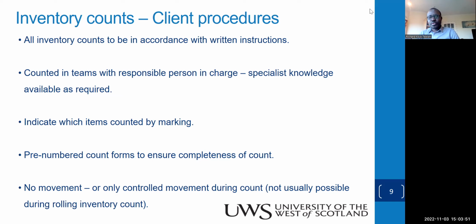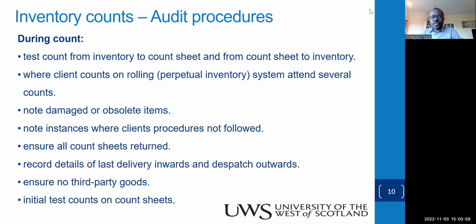Items should be stagnant until we have finished all the counting or observed all the counting before we move items. During the count, like I said, you have a count sheet and you have the inventory there. So you could count from the inventory records to the count sheet or from the count sheet to the inventory.